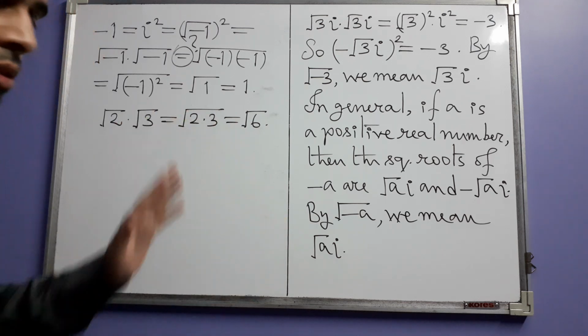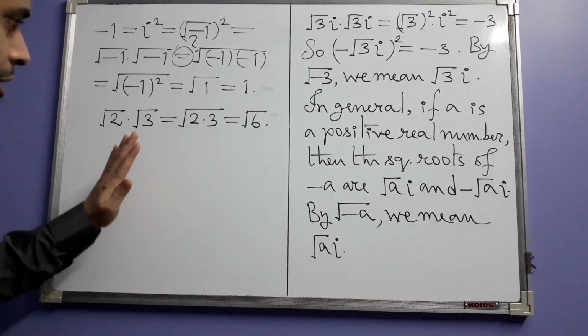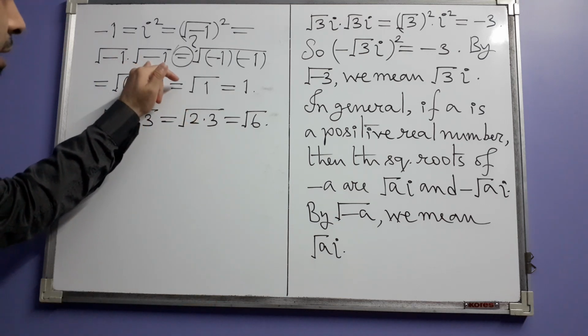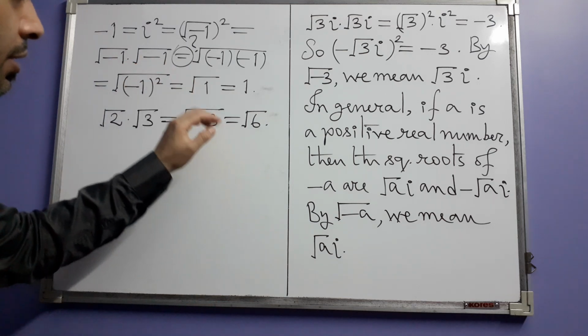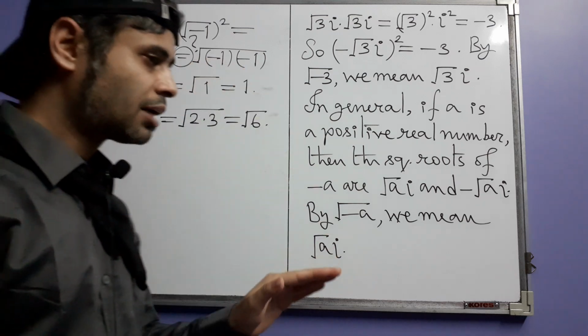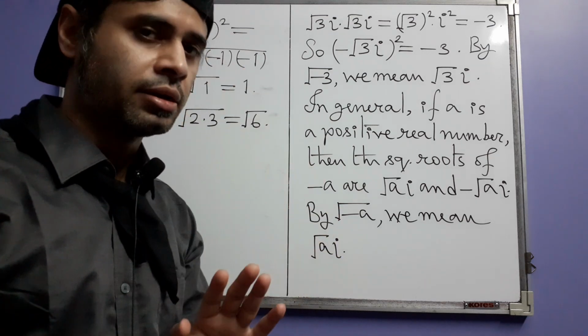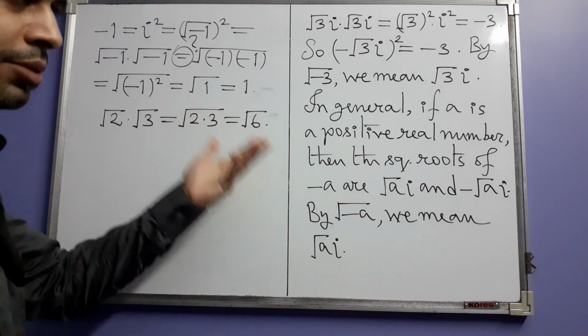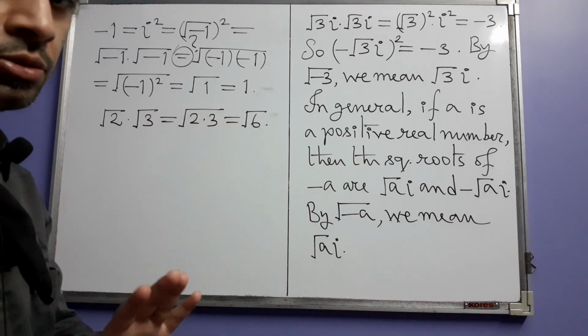Well, they can be 0 also, but not negative. Whenever negative numbers under radical are involved, the quantities you are working with are no longer real numbers. So the rules you have always used for manipulating real numbers are no longer true.